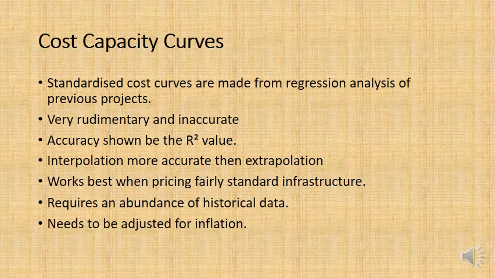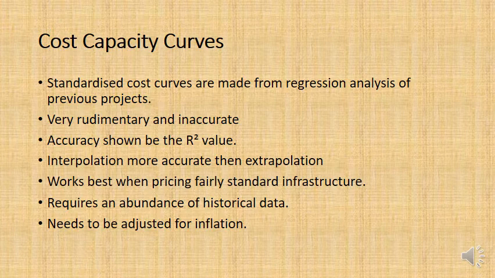Well, what happens if you want to estimate a road that is going to be 150 kilometers in length? Well, that's going to be extrapolation. You are taking the cost capacity curve and you're extrapolating it beyond the data range. And the more you extrapolate from the range, the less accurate your estimate will be.